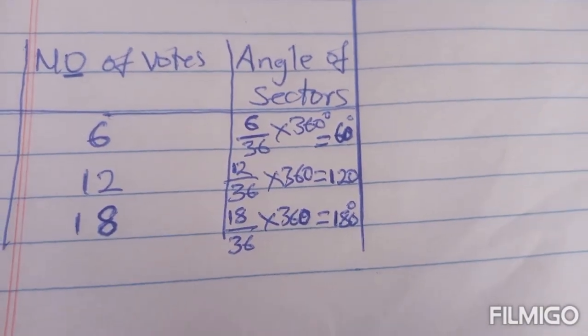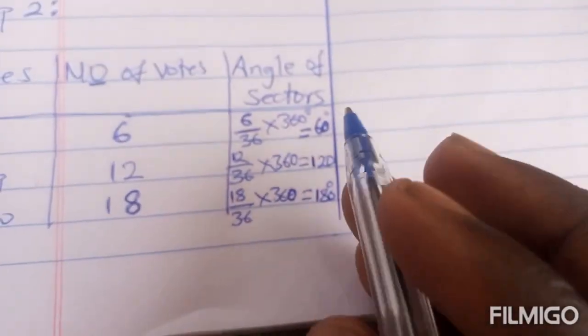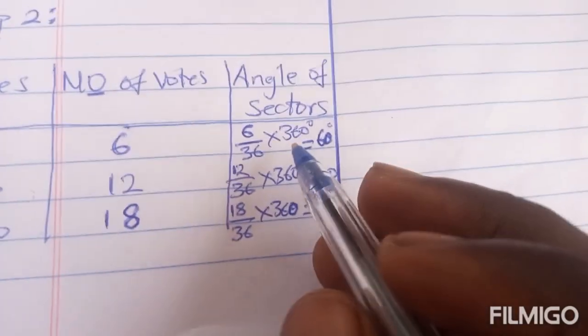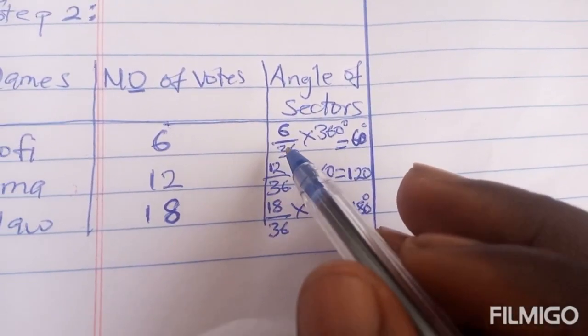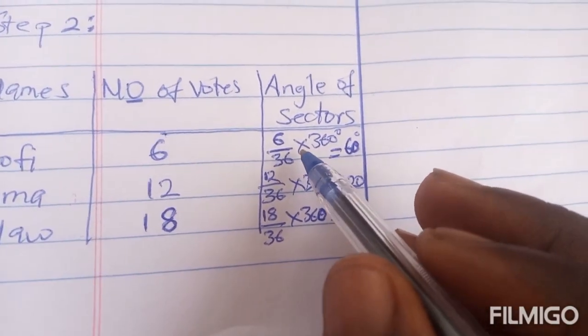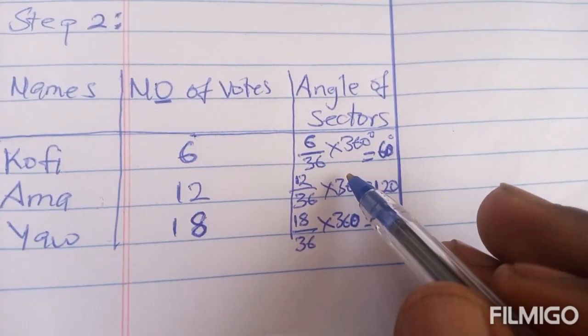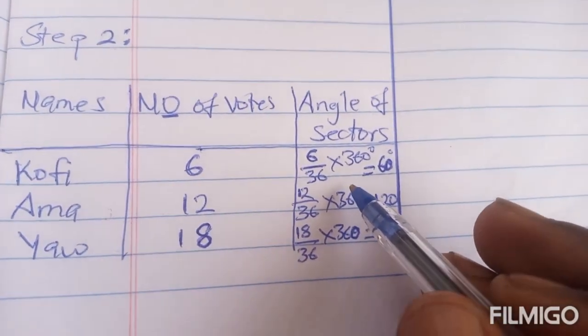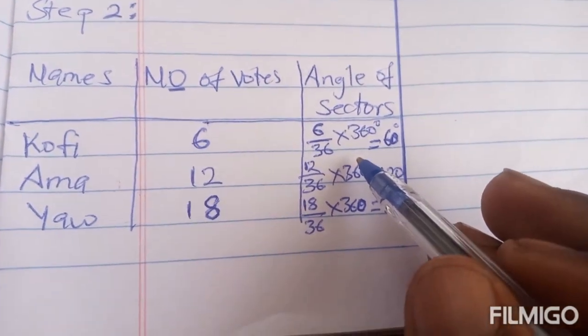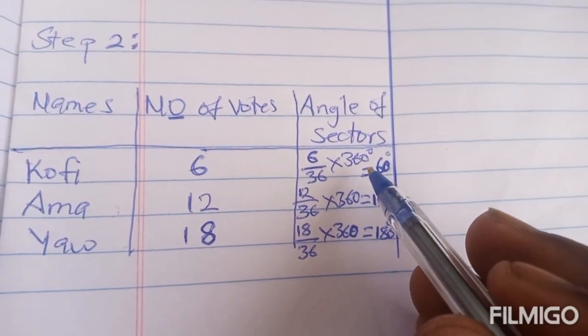So this is how we solve for the angles of the sectors. You pick the first value, divide it by the total of the values, and multiply it by 360, because we are talking about a circle, and a circle sums up to 360 degrees.